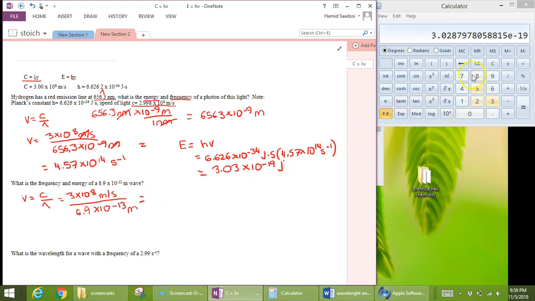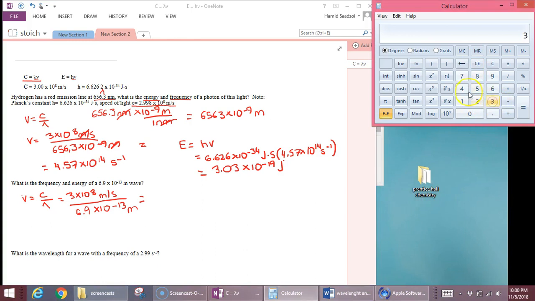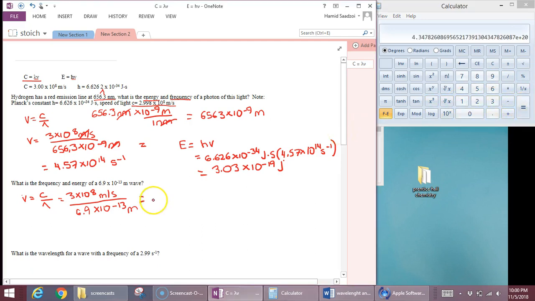So let's go over here and clear that out. So 3 exponent, which is there, 8 divided by 6.9, exponent again, which just means once again times 10 to this power, negative 13, which gives us 4.34 times 10 to the 20th.